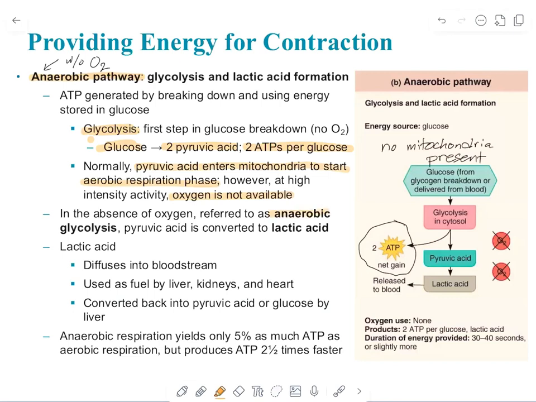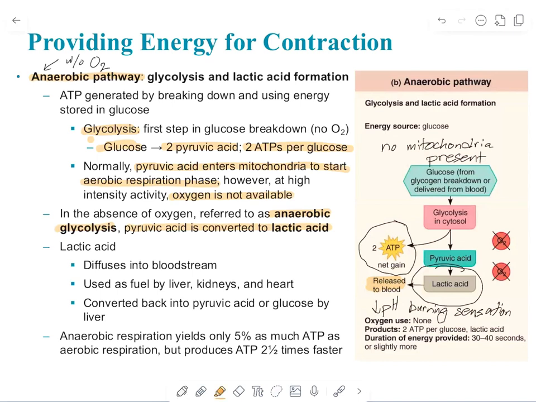In anaerobic glycolysis, pyruvic acid is converted to lactic acid. Lactic acid goes into the bloodstream and starts to lower the pH and can lead to the burning sensation that we get in our muscles from anaerobic respiration.